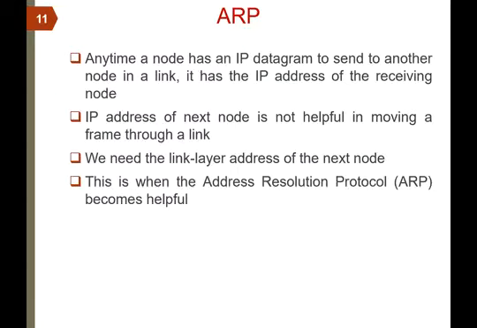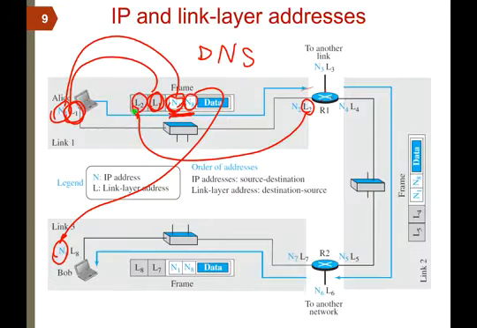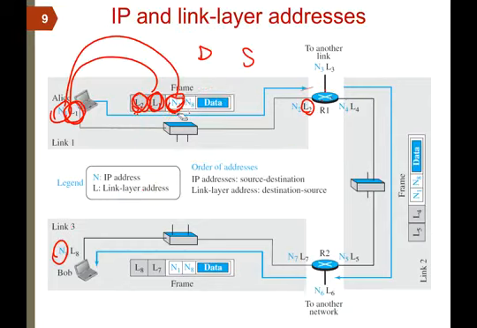Actually, we have a protocol specialized to do this job. ARP will get L2 for us before we send this packet or frame. We cannot send this until we get L2. We'll study ARP in the coming slides.